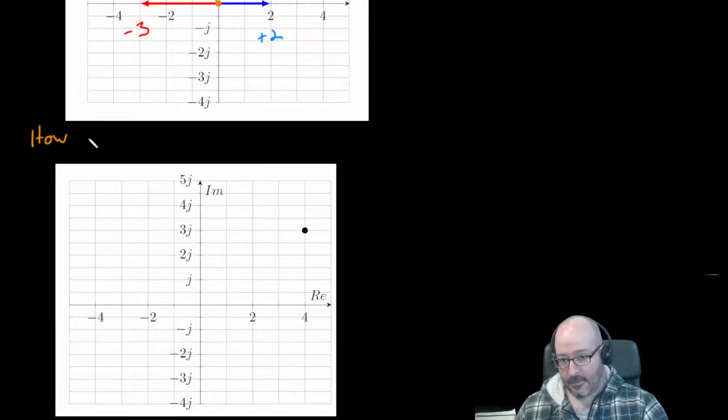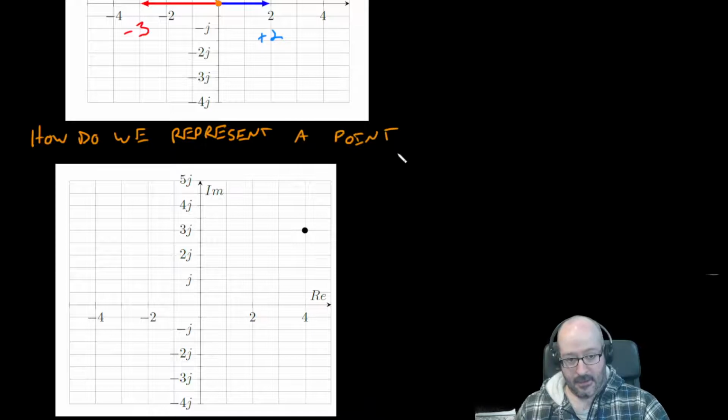How do we represent a point? We can say on a 2D plane, but since we're going to represent it with complex numbers, we call this the complex plane.